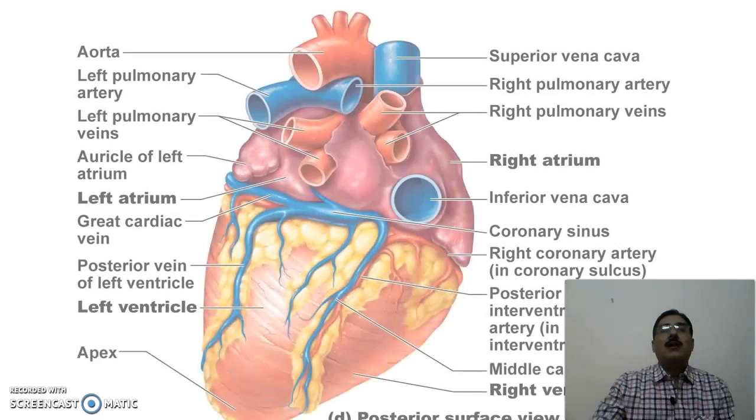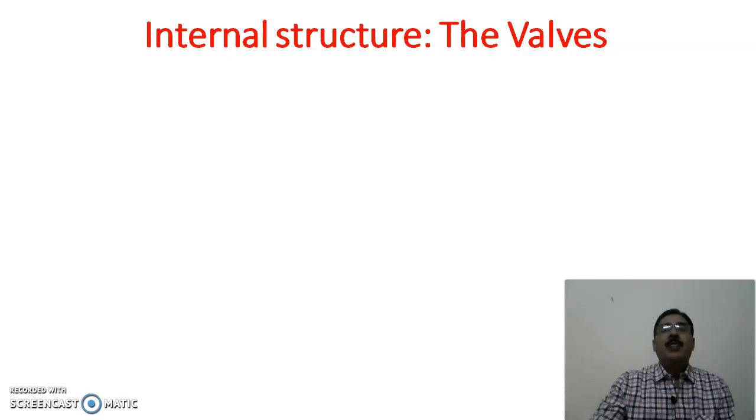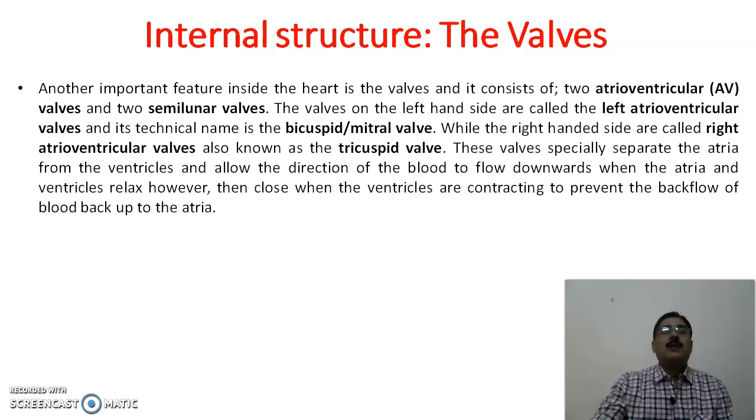Now let us see all these structures with a clear-cut opening. Very clearly visible are the left atrium and left ventricle. Boldly shown here are the right atrium and the right ventricle. Now regarding the valves. The valves are AV valves or atrioventricular valves as well as two semilunar valves. The valve between the left auricle and left ventricle is known as the mitral valve or the bicuspid valve, while the right auricle and right ventricle have the valve which is known as the tricuspid valve.